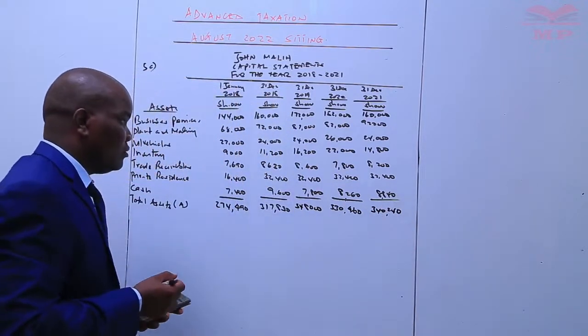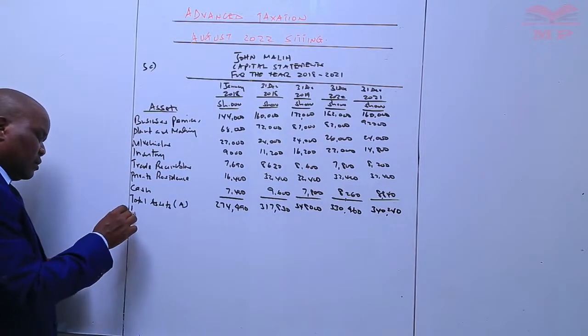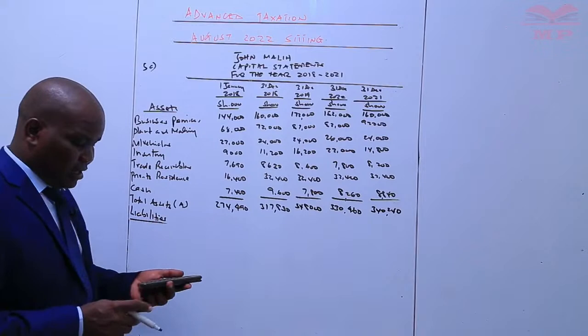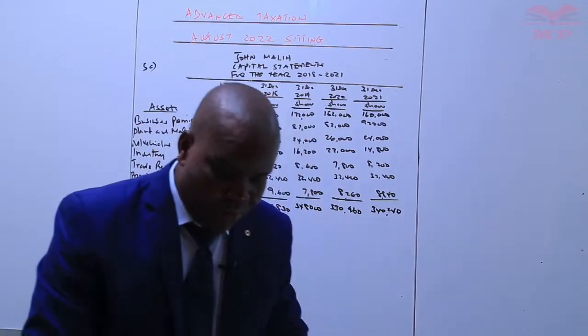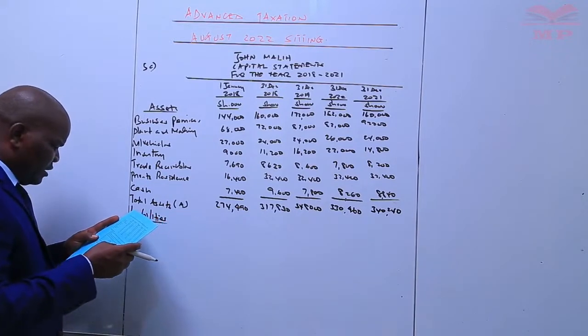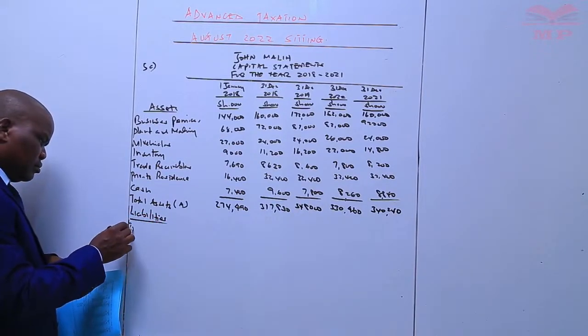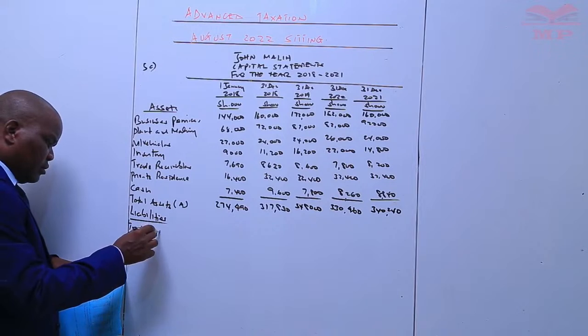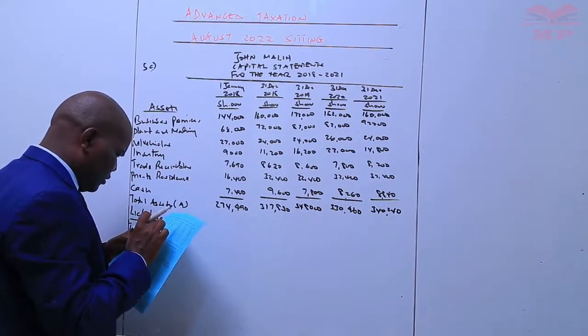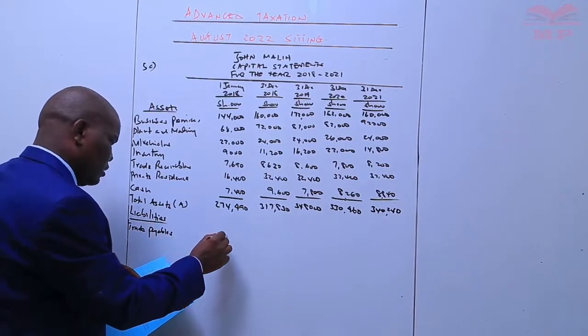Step 2 is to get liabilities. So we write here liabilities. We list all the liabilities, again, both private and business. One, we have trade payables. 2018 January, we have 14,900.